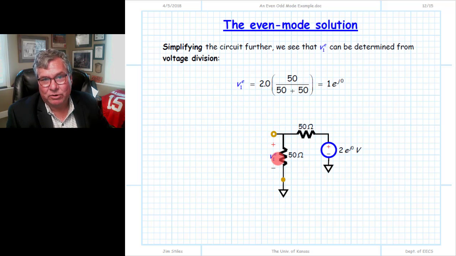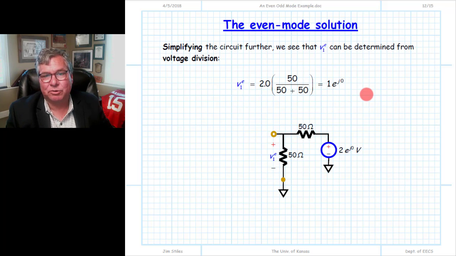Since we're doing even mode analysis, we denote it with the superscript E to differentiate it from the odd mode answer we're about to get. And since these resistors are the same value, this voltage division is very simple. It's simply the source voltage divided by 2. And since the source voltage is 2 and we divide it by 2, this voltage V1E is simply equal to 1, a complex number, magnitude of 1, a relative phase of 0.